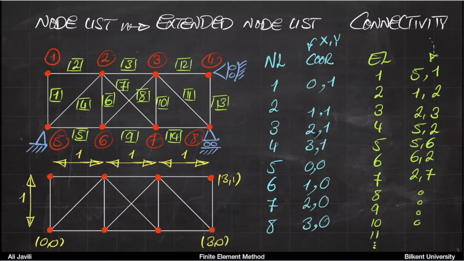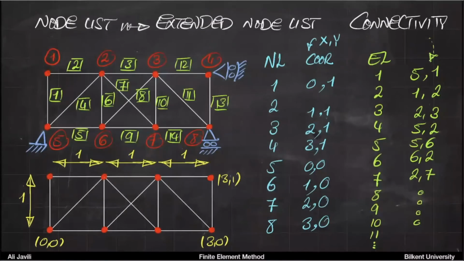And as I mentioned, particularly for this system, we also want to write the extended node list. The element list itself is not complicated. What we want to do is write the extended node list for this example.